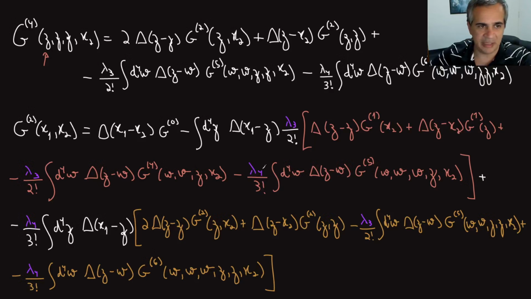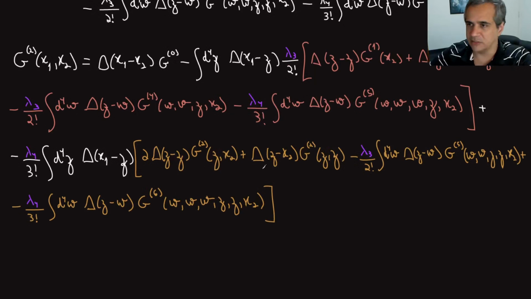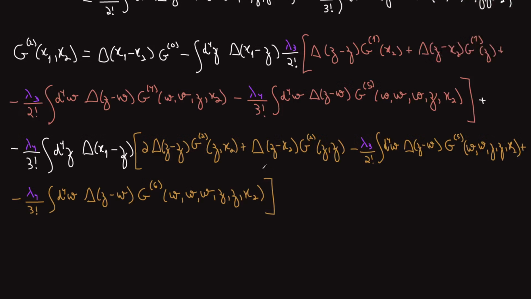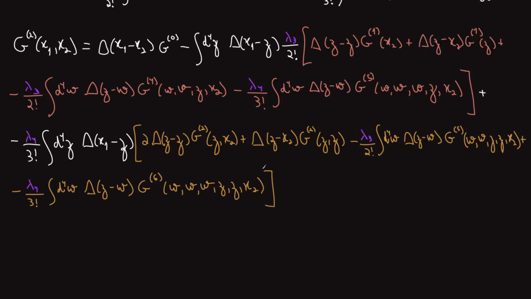Just to give you an example, suppose I just want to know this 2-point function. Let me remove myself from the way here. Suppose I just want to know this 2-point green function at, say, order lambda 3 to the 0, so the terms that are independent of lambda 3 and linear in lambda 4.